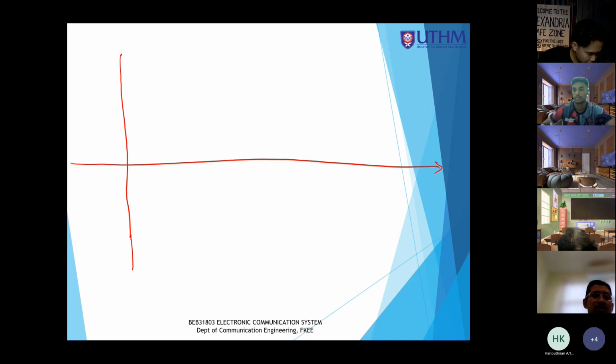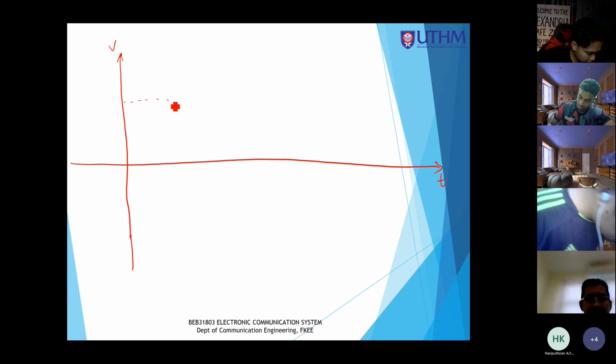Wasting time. So saya apabila diminta melukis double sideband full carrier waveform, maka apa yang saya buat adalah saya akan lihat V versus time. Okay, yang pertama pelajar lukis paksi dengan betul, voltage versus time.